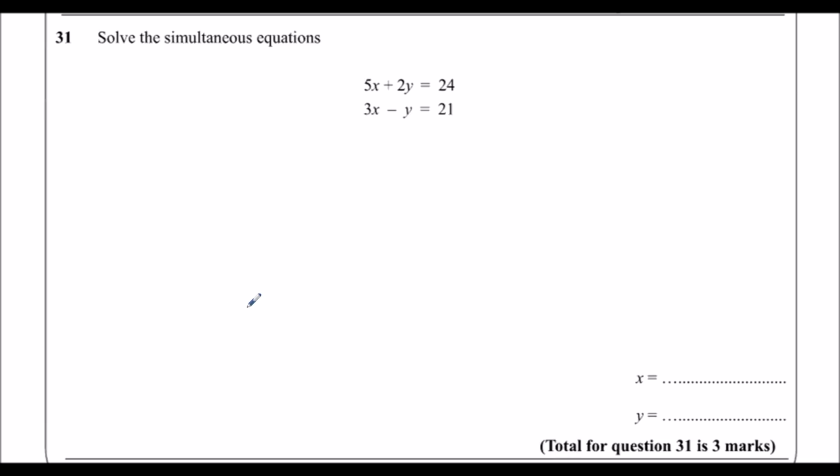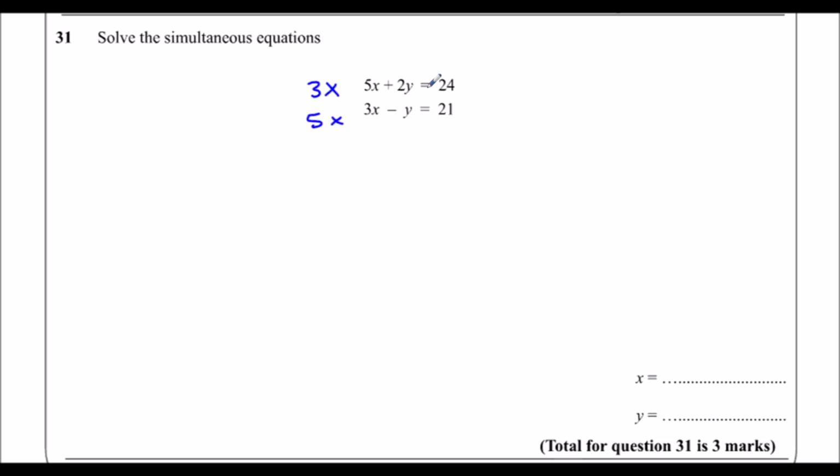Question 31. Last question. Solve the simultaneous equations. So we need to either get rid of x or y, and we do that by making something the same. So if I make the x's the same, and I'll do that by multiplying the top one by 3 and the bottom one by 5.